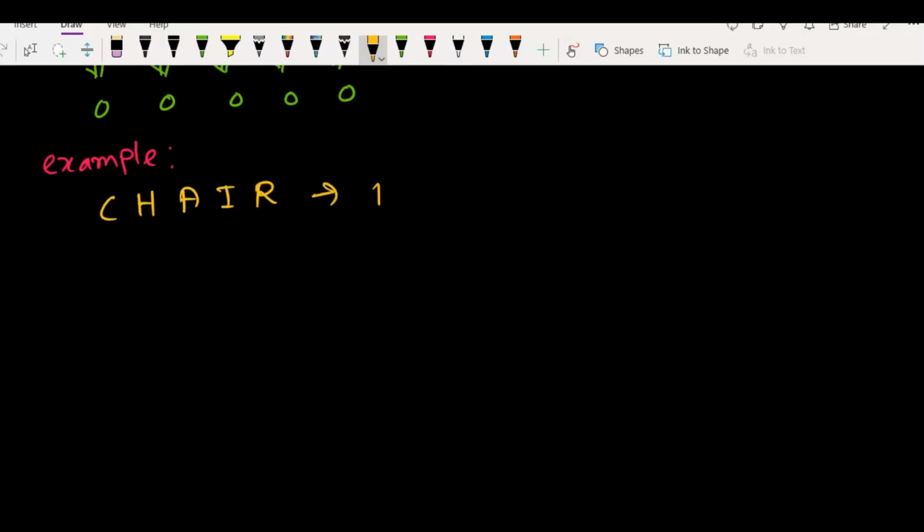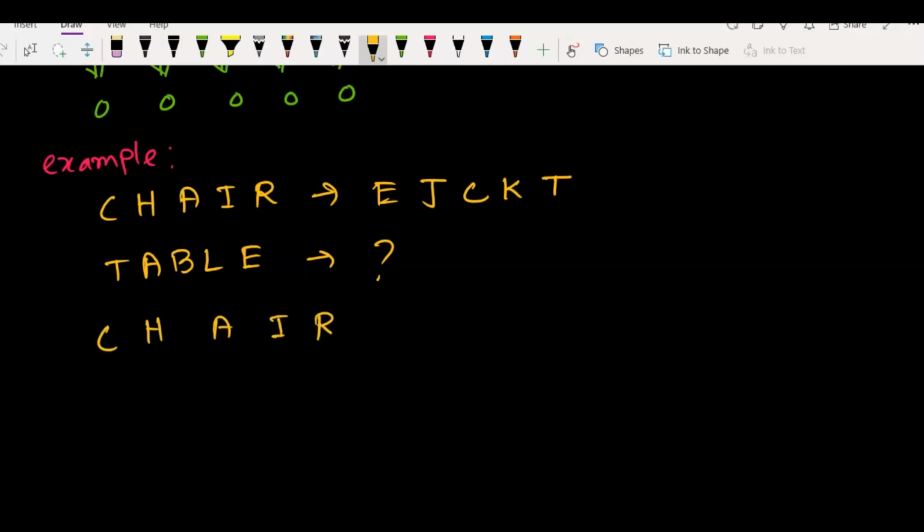CHAIR is coded as EJCKT. Then TABLE is coded in what word? So CHAIR goes to EJCKT.